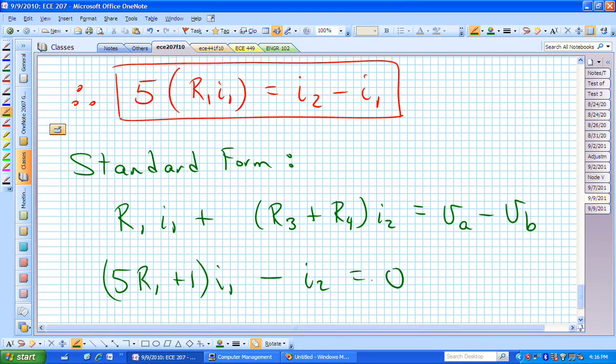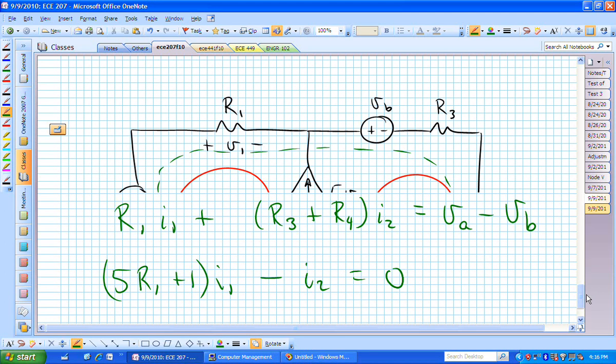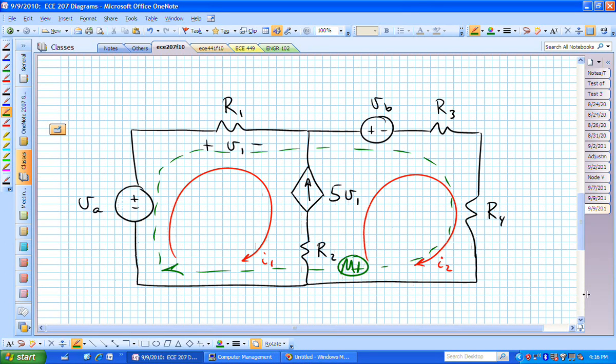So the question was, we could see by inspection, essentially, that V sub 1, which was given to us as far as where it is in our circuit, is actually R sub 1, I sub 1. And so you could replace V sub 1 with R sub 1, I sub 1.